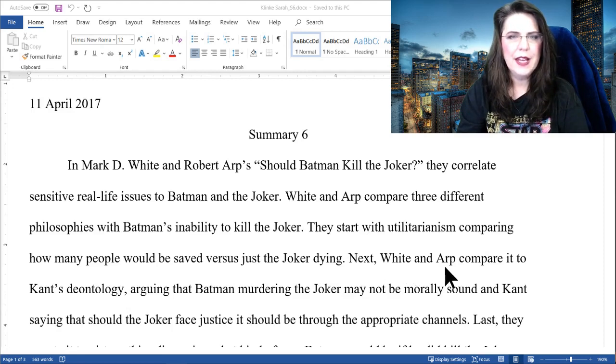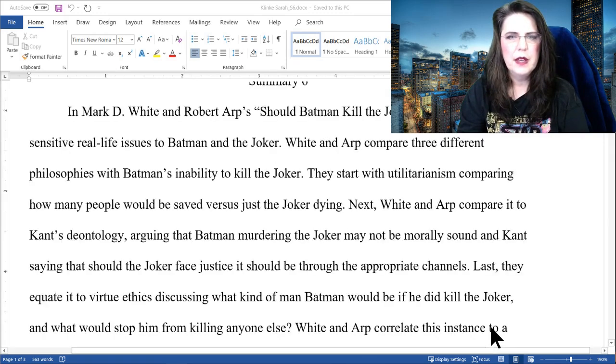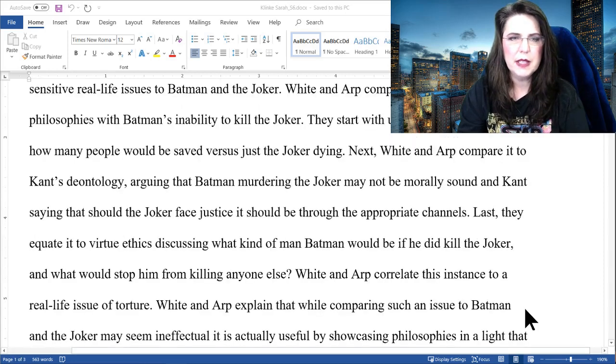Next, White and Arp compare it to Kant's deontology, arguing that Batman murdering the Joker may not be morally sound, and Kant saying that should the Joker face justice, it should be through the appropriate channels. Last, they equate it to virtue ethics, discussing what kind of man Batman would be if he did kill the Joker, and what would stop him from killing anyone else.